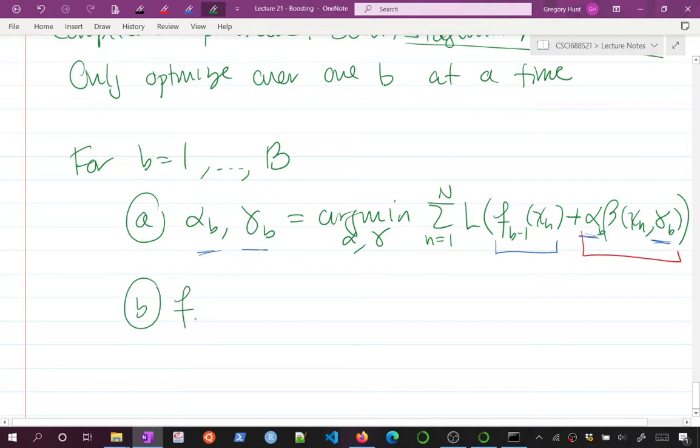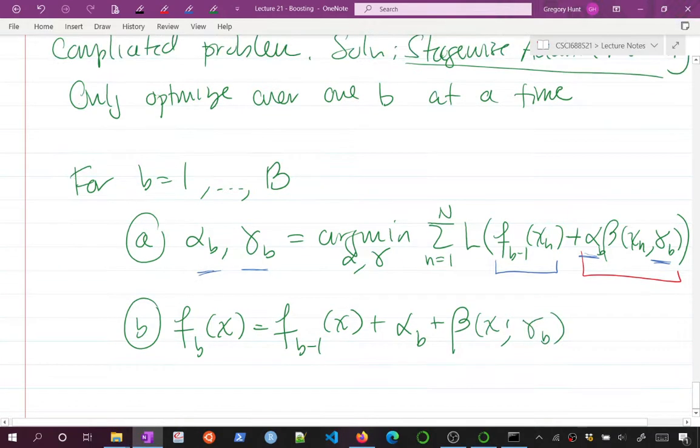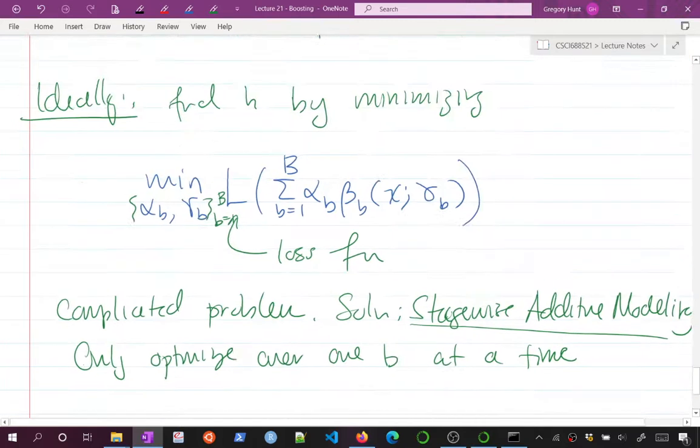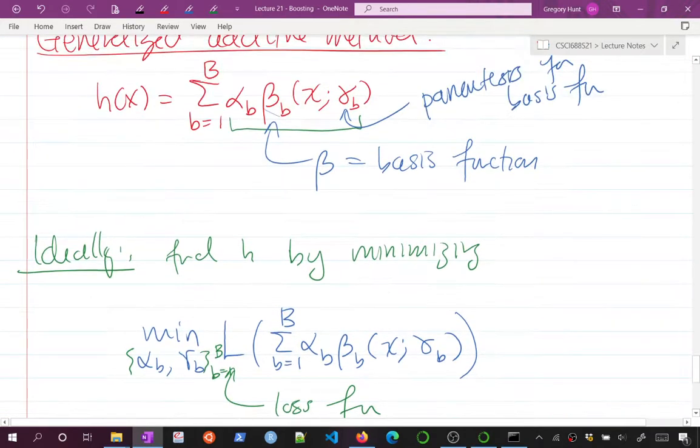Then I update: at iteration b, it's the partial solution from the last time, and I add on my optimum solution, something like this. The math is unfortunately a little bit cumbersome for boosting, which is why it's often not talked about in these kinds of courses.